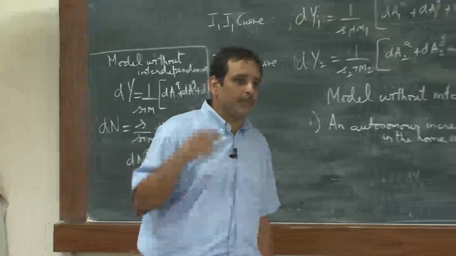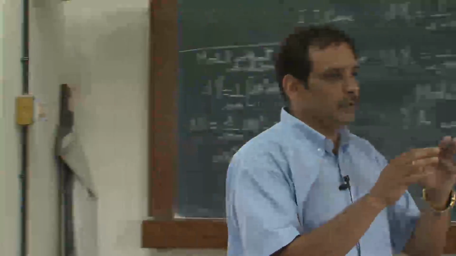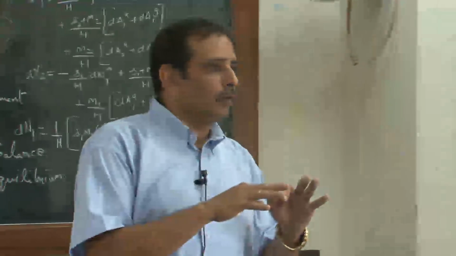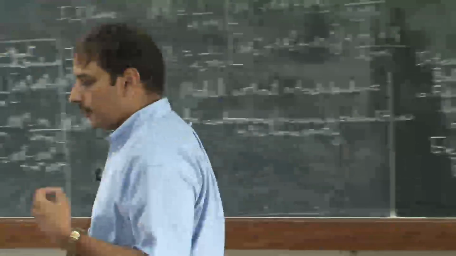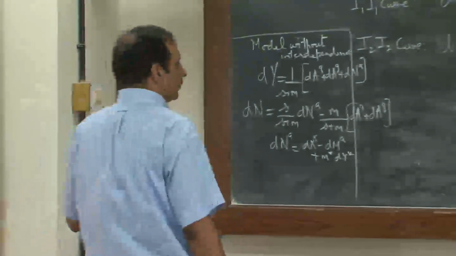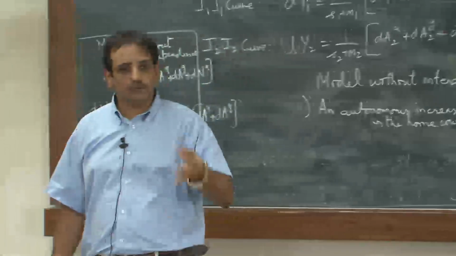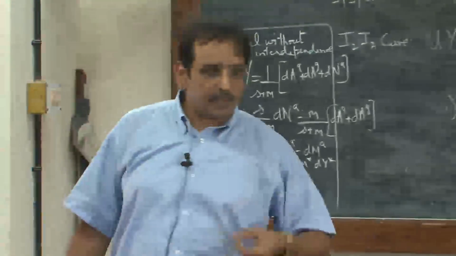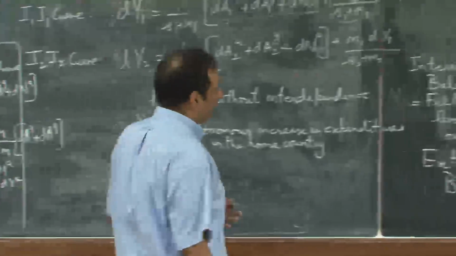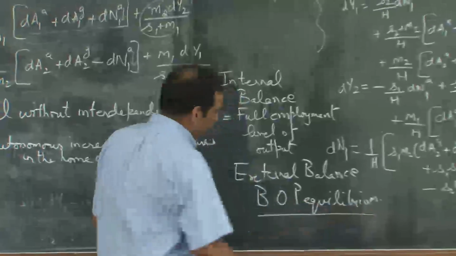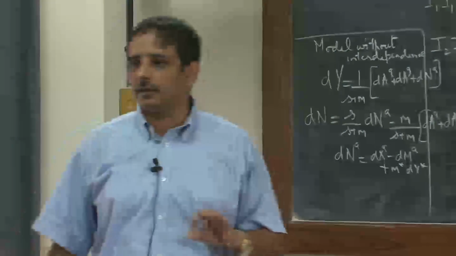This can also be analyzed if you assume that there is a current account which falls to 0. If the current account is 0, then you can have a balance of payment equilibrium. Current account is 0 means the capital account balance is also 0. So think of the external balance as the balance of payment equilibrium, wherein you do not have any deficit or surplus in the balance of payments.